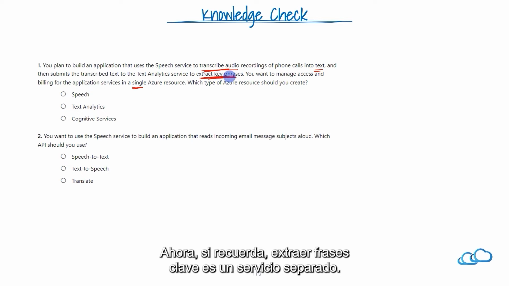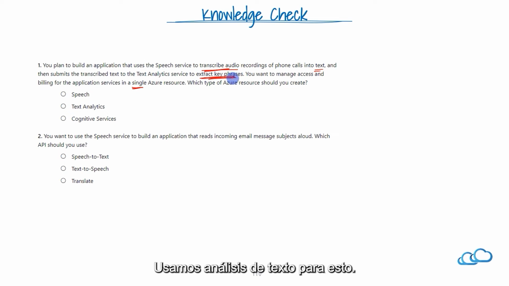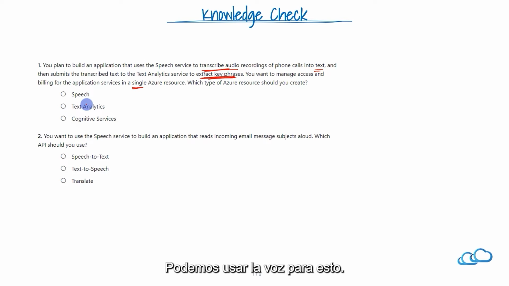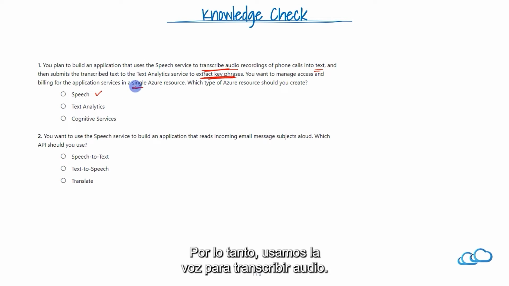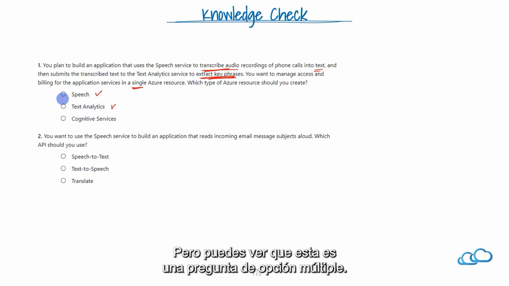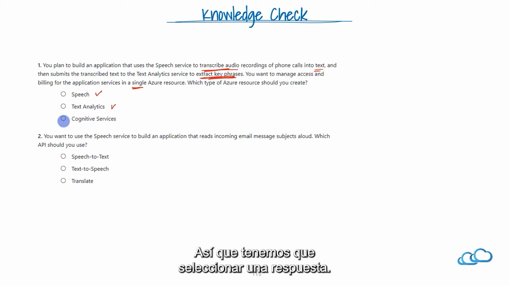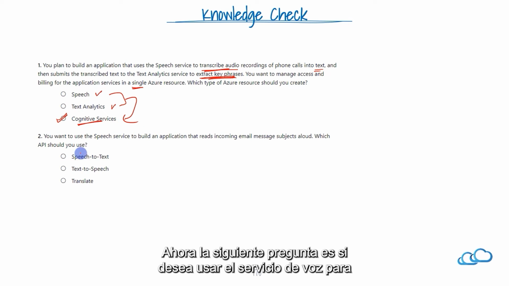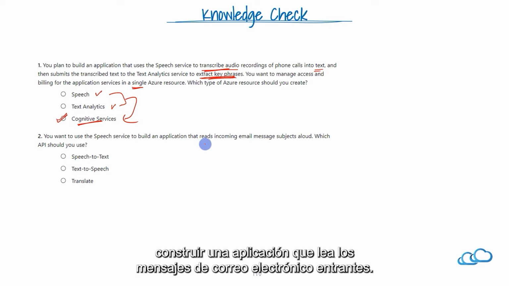Now, if you remember, extracting key phrases is a separate service. We use text analytics for this. And transcribing audio is a separate service. We can use speech for this. So we use speech to transcribe audio. We use text analytics to extract key phrases. But you can see that this is a multiple choice question, so we have to select one answer. And that's why we have cognitive services here, because if we have cognitive services, we can use both of these using cognitive services.